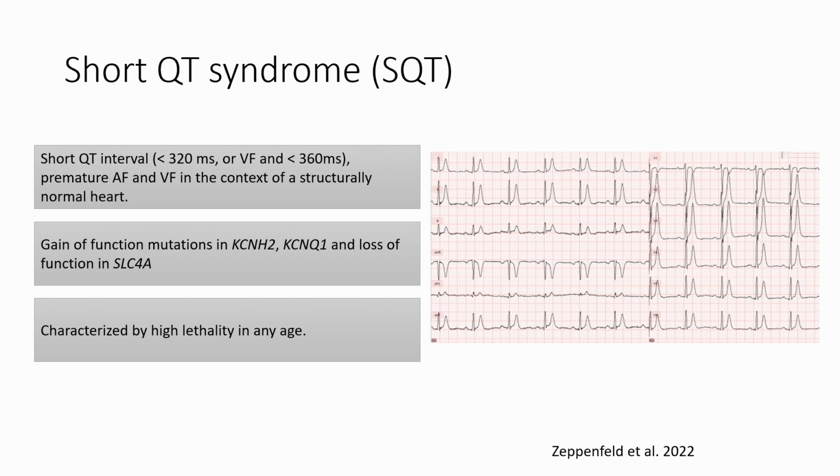It's caused by these genes, and the syndrome is very rare, and it's characterized by a high lethality at any age, and the carriers of the pathogenic mutations may manifest with AFib or sudden cardiac death.